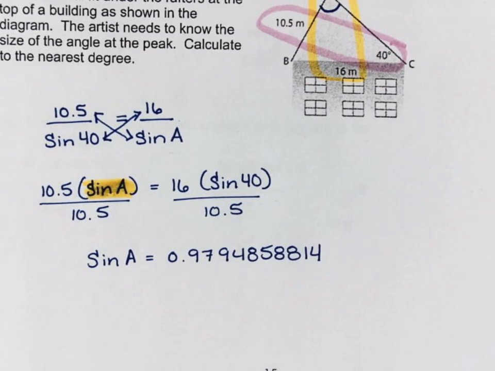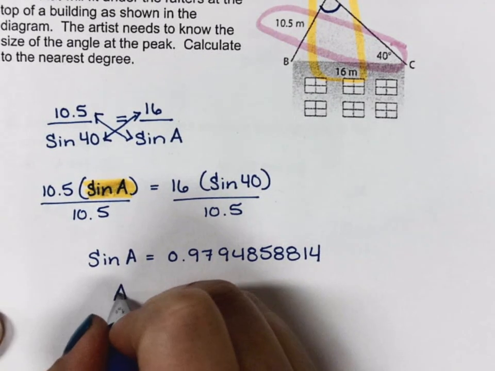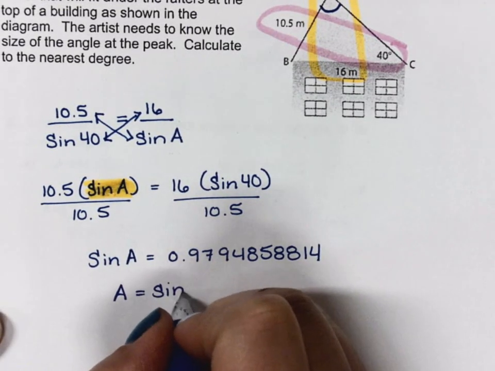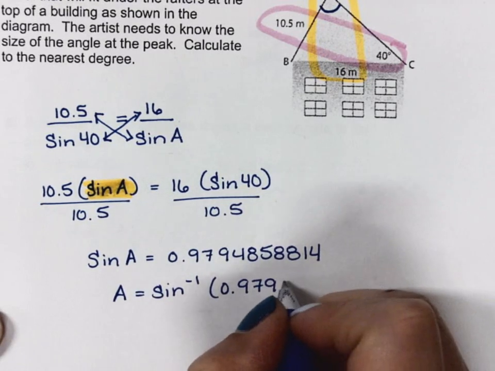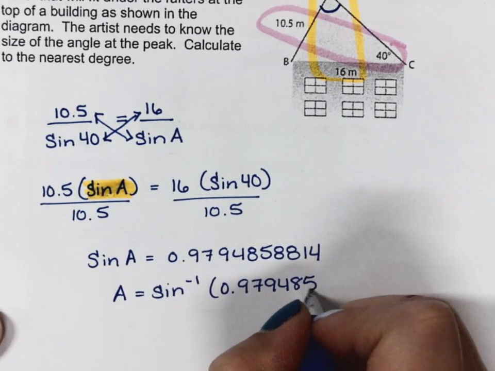Okay, so anytime I'm solving for an unknown angle, I have to use my shift button. I will say it time and time again because that's one thing that people forget really easily, and that's okay, but we've got to work on remembering it.